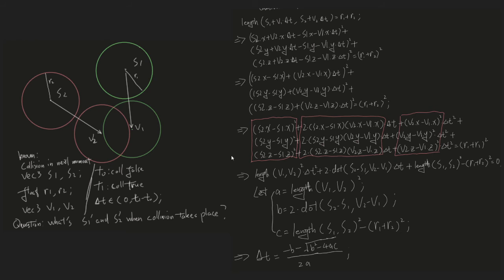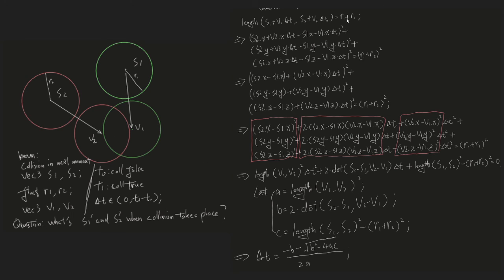Of course we can. This is a draft I did. There are two spheres, and we know that these two spheres are colliding with each other in the next moment. We know their positions, their radii, and their velocities, and we wanted to find the delta time in which these spheres collide with each other.